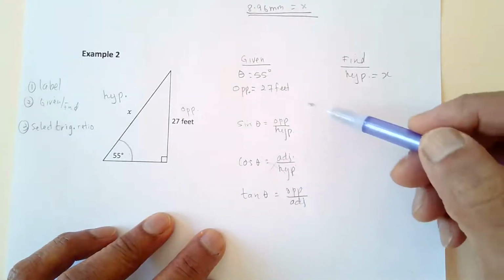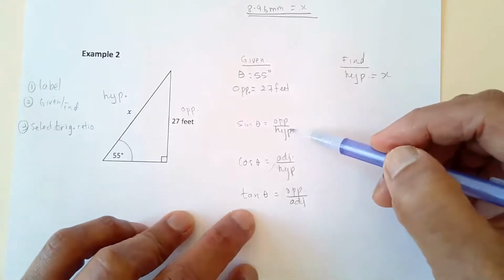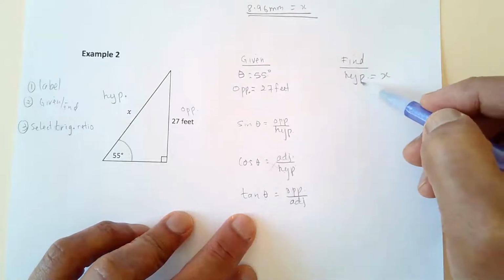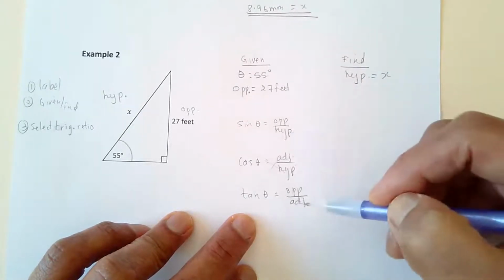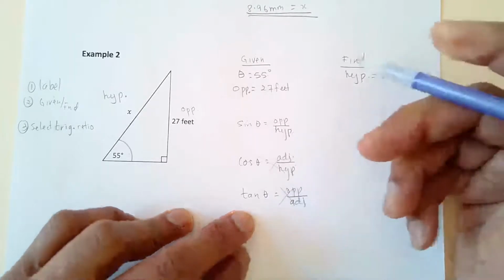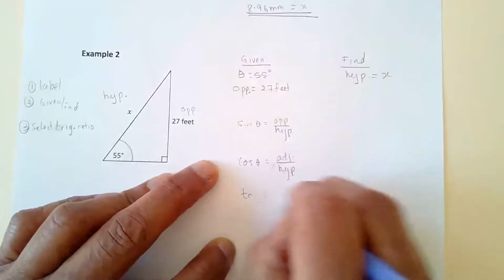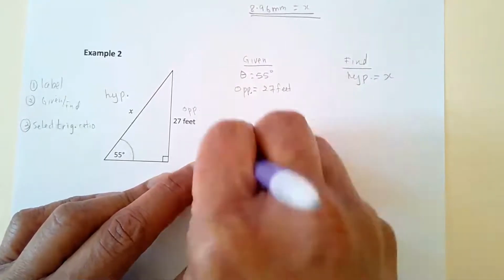Here we have opposite side, so tangent is a possibility and sine is also a possibility. But look what I need to find. I need to find the hypotenuse. Hypotenuse is here and not here, so I know this one is out. So I'm going to use sine theta. I'll erase these two here because I don't need them anymore. They are not useful for this question.